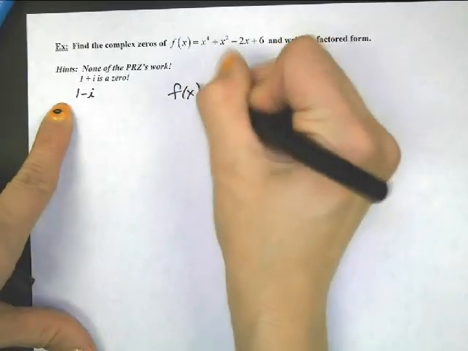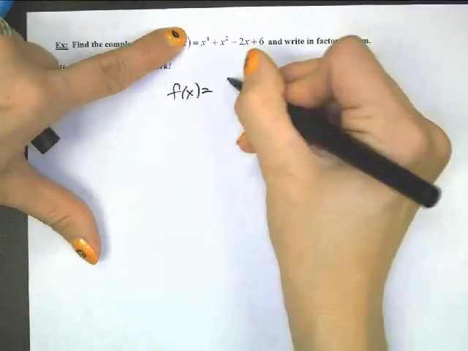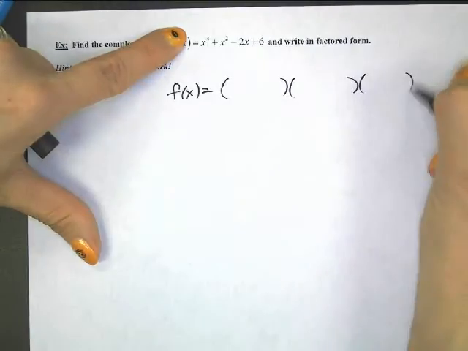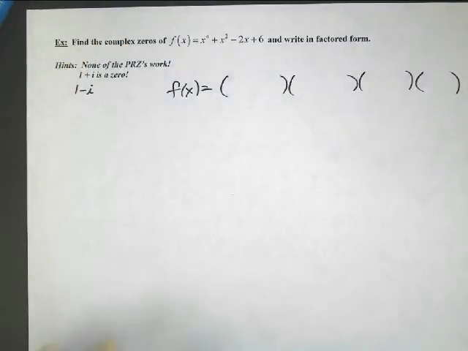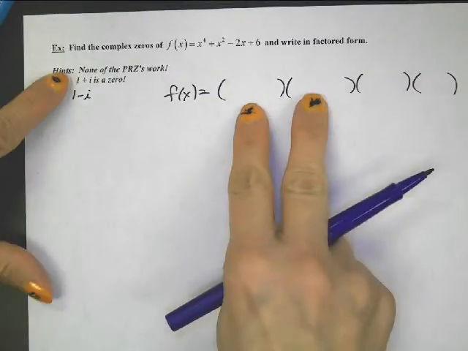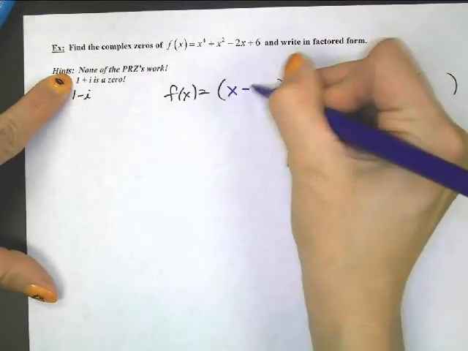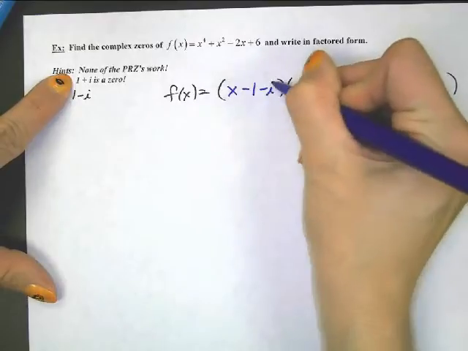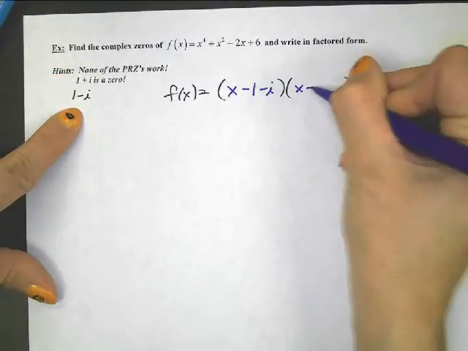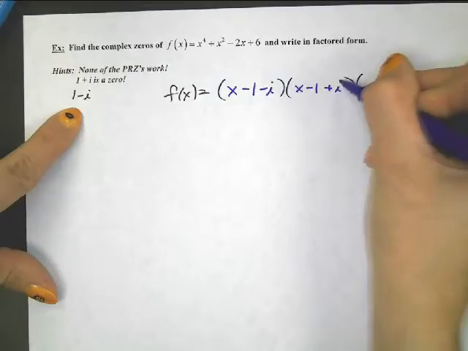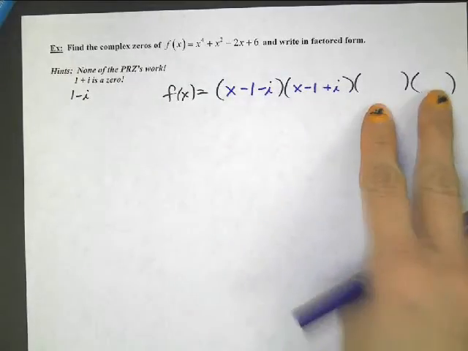Okay, so where's f of x? f of x is 4th degree, so 1, 2, 3, 4. I know it has 4 sets of parentheses, and I already have 2 of the zeros. x minus 1 minus i, x minus 1 plus i. I just have to find 2 more.